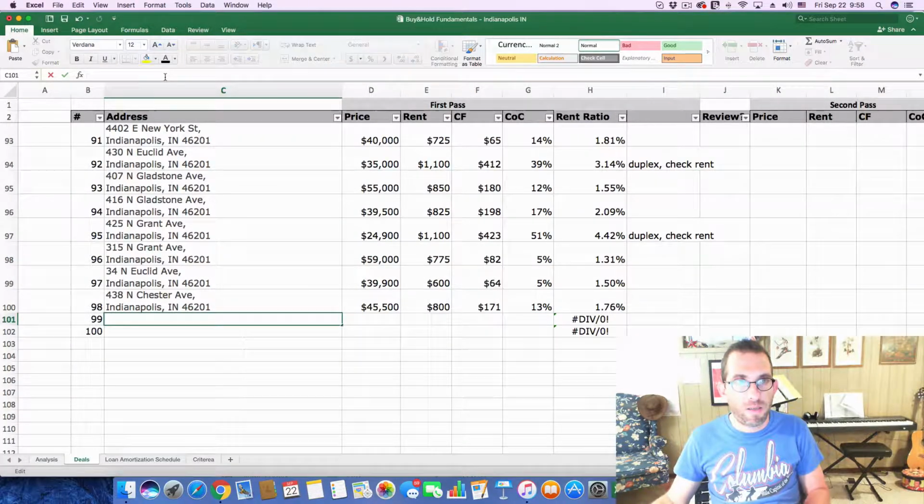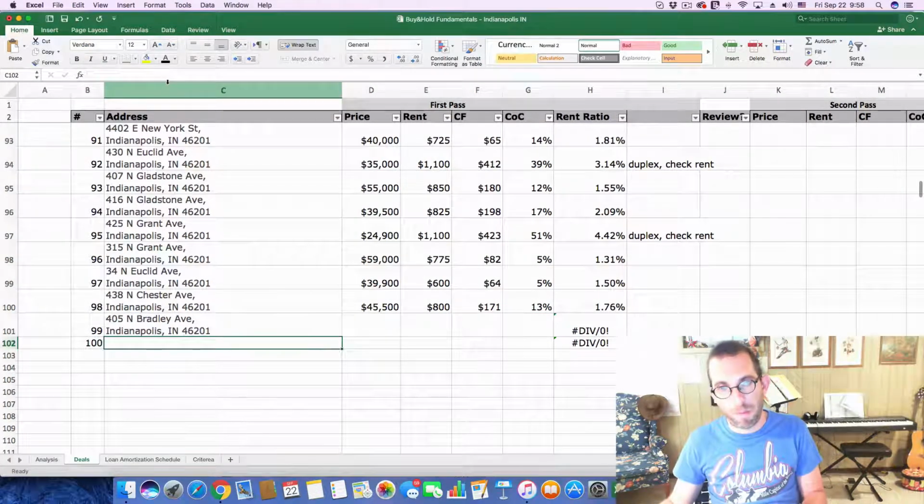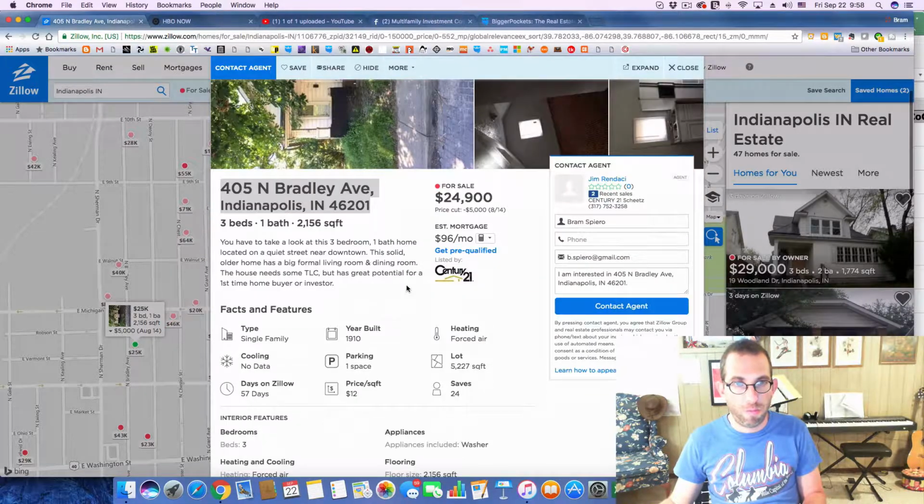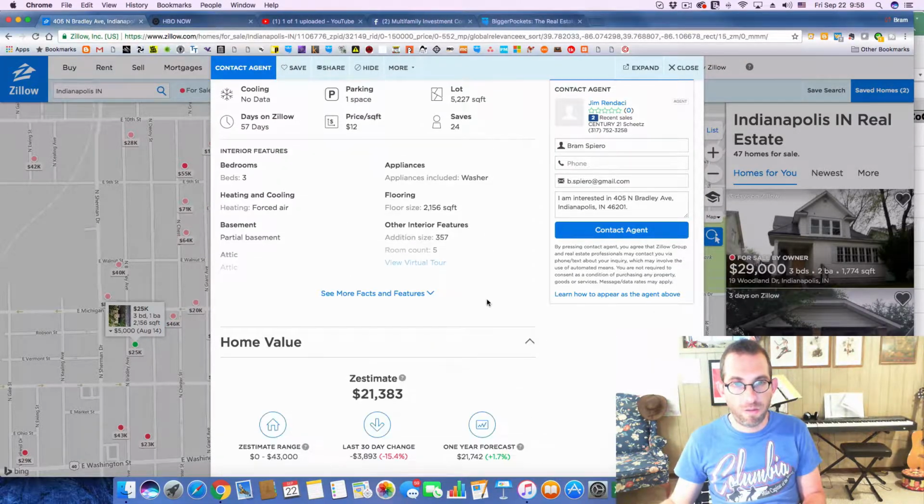Again, someone's trying to sell a house and they can't be bothered to go into a picture editor and straighten up the pictures.